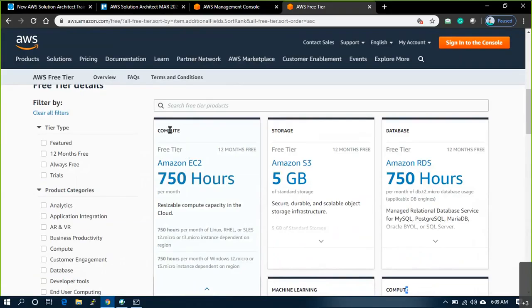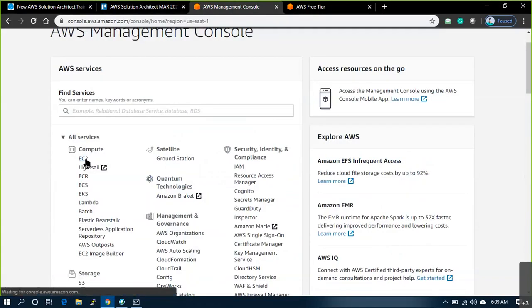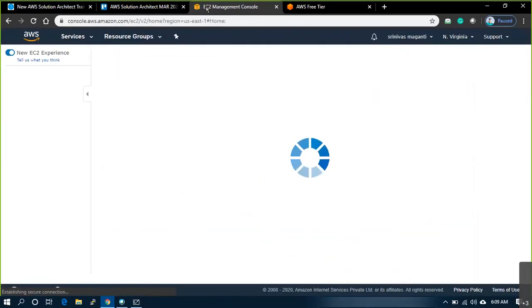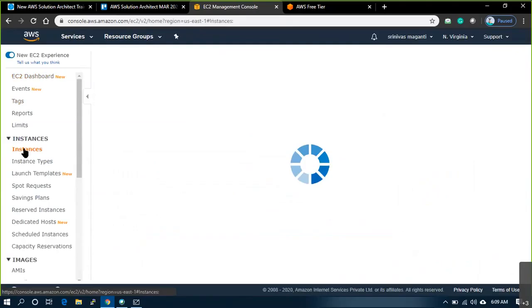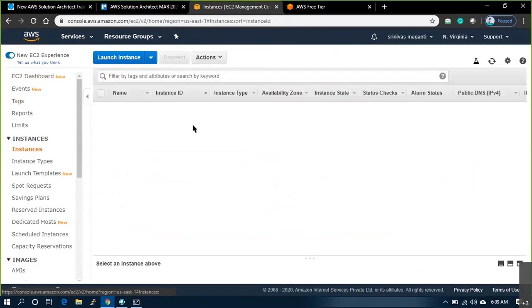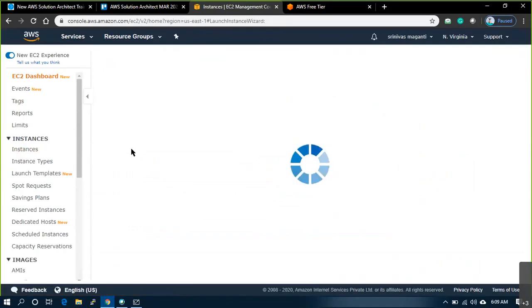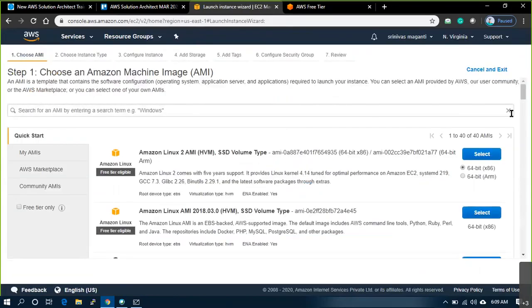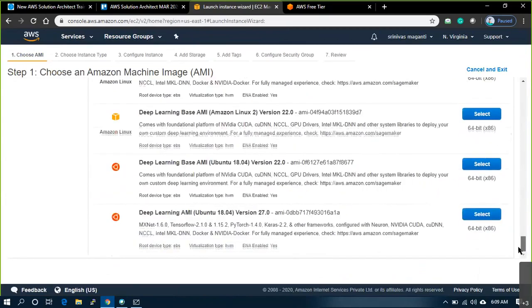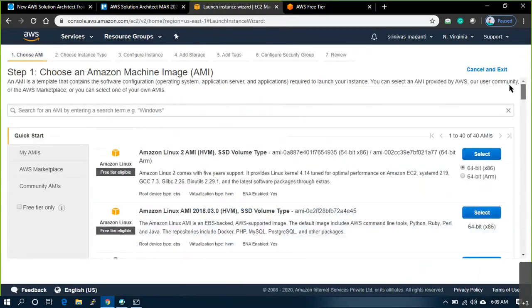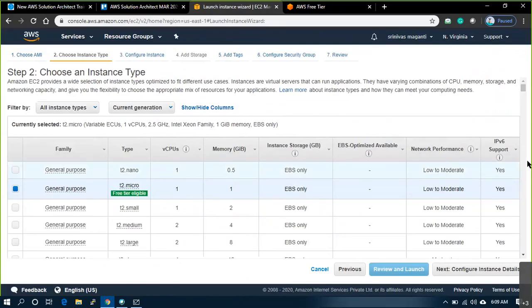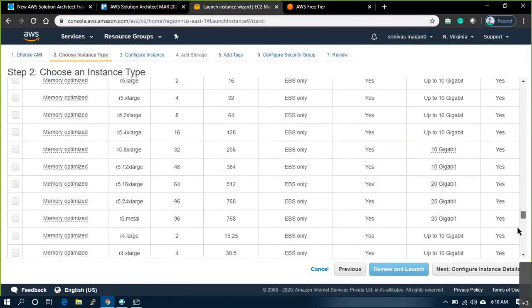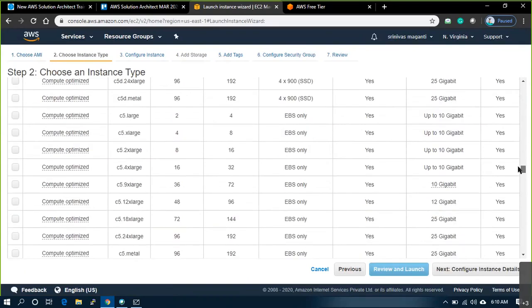So if you look at computing, what is computing? Computing is basically your virtual machine. Okay, so EC2 instance. If you go to instance, launch instance, if you scroll down, you'll see a lot of images are available. You can deploy any image, but when it comes to size, you'll see a lot of sizes are applicable based on the business requirement or business need.